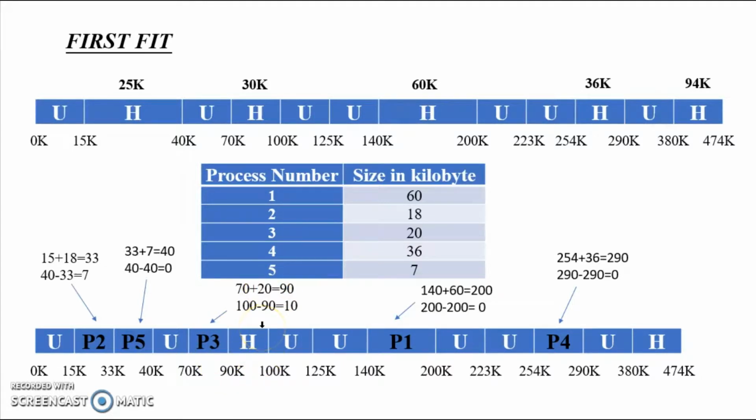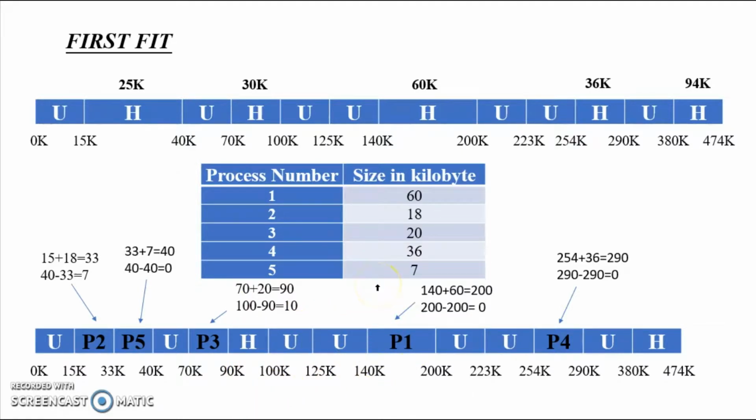So we use the hole to cut off the kilobyte for the process number 3, which is 100 minus 90. We left out 10. So this hole is containing 10 kilobyte.